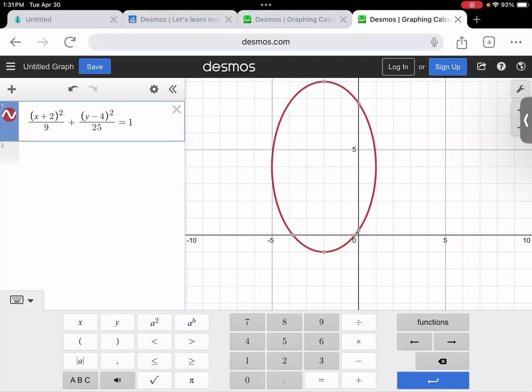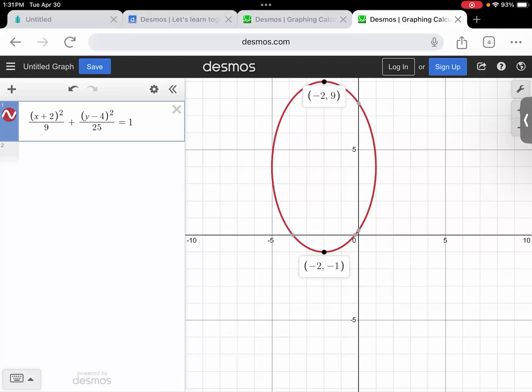Also, let's just double check. 1, 2, 3, 4, 5 and 1, 2, 3, 4, 5. All right, and actually it does have the low point identified and the high point.